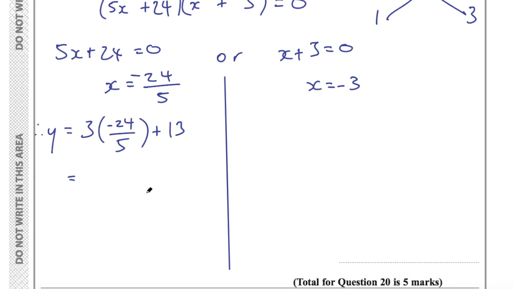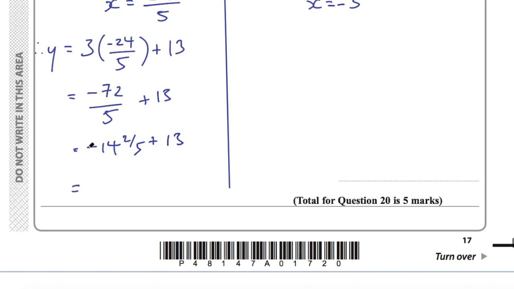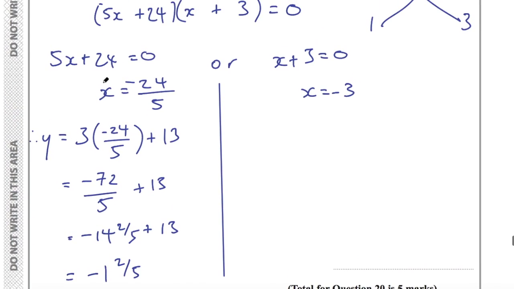And then we can simplify this. So this is going to be minus 72 on 5 plus 13. And then this becomes minus 14 and 2 on 5 plus 13. So therefore minus 14 plus 13, that's minus 1 and 2/5. So y equals minus 1 and 2/5 when x equals minus 24 on 5.